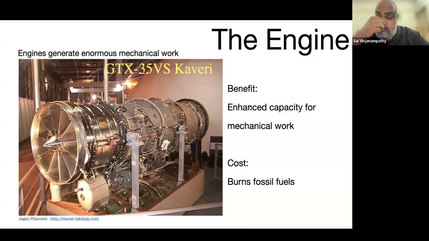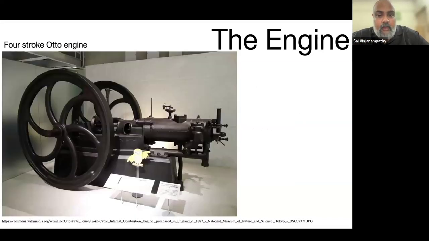But the engine is another example. It's in fact the exemplar of technology. I mean, engineering as a branch is named after this modest device, and so it represents a kind of fundamental shift in our capacity to manipulate the world around us for our betterment.